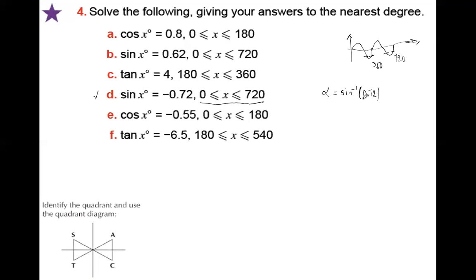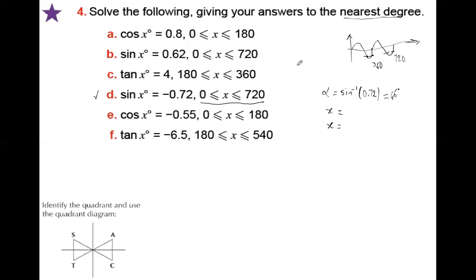So shift sine 0.72, which is 46.1, or to the nearest degree, 46 degrees. The question asked to give it to the nearest degree. Now that I've got alpha, my 2 other values are x and x. I've got 2 of them.